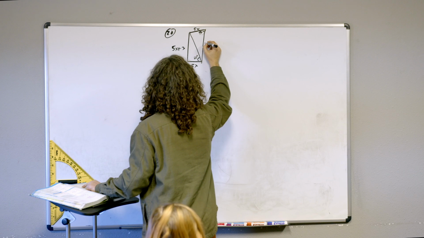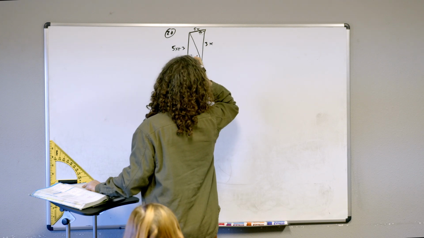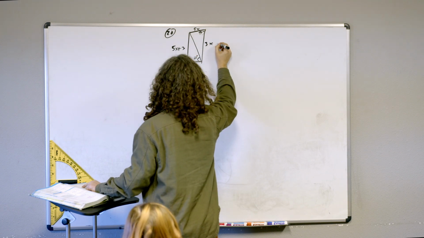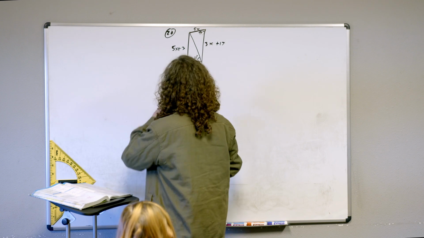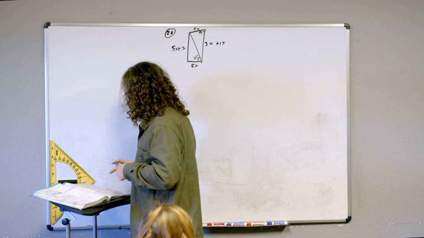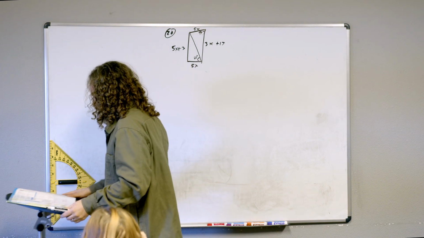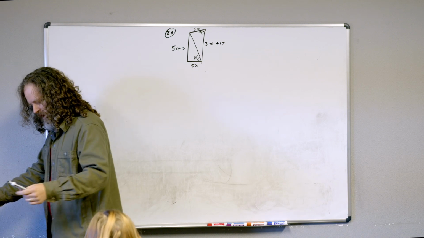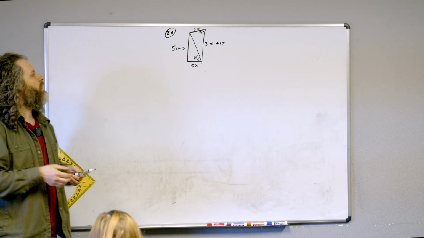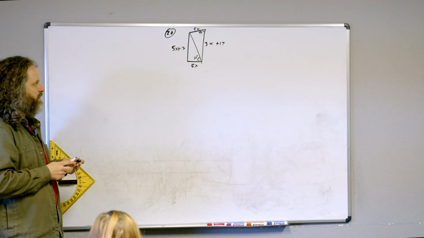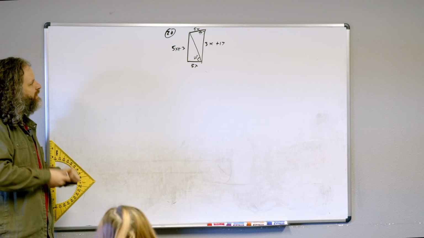And this is 3x plus 17. Okay, and we're supposed to find the range of possible values for x. So, what should we do? And why should we do it?